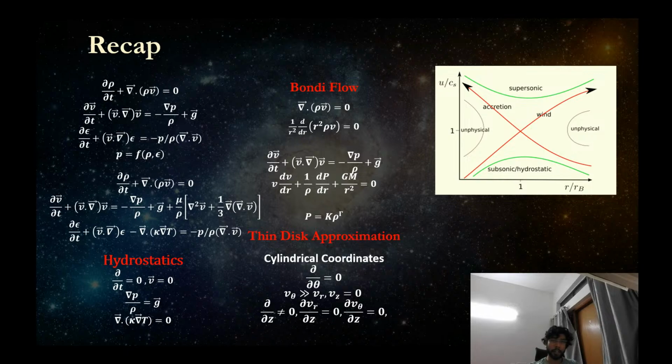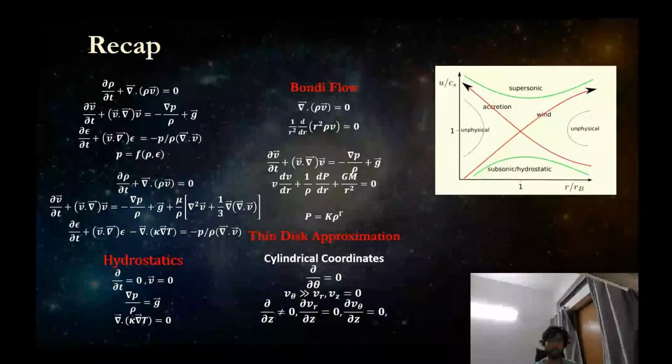So we don't see radial fall into the black hole. We see matter which has some angular momentum, and it will fall in a circular path, or more like a spiral path into the black hole, and it would form a disc-like structure instead of a radial flow.